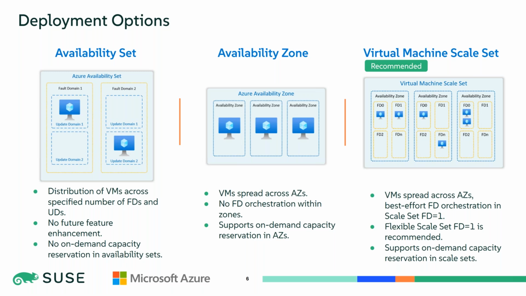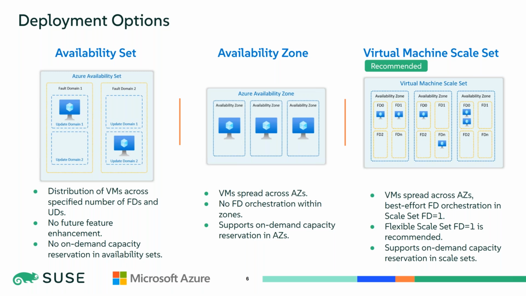When a customer deploys a VM in a region, they can deploy it in an availability set. Availability set has become a synonym of a regional deployment. So over the period of time, when someone says my VM is running in availability set, it means the VM is running as a regional VM.